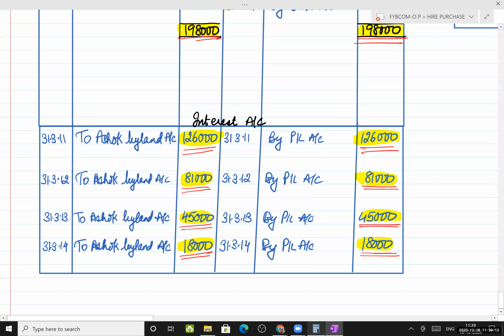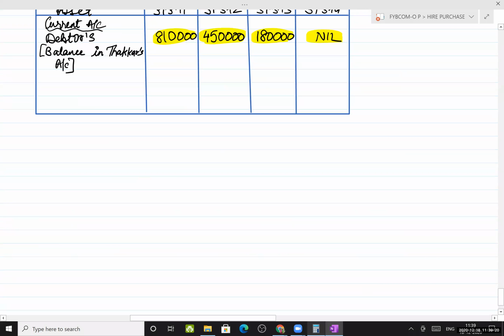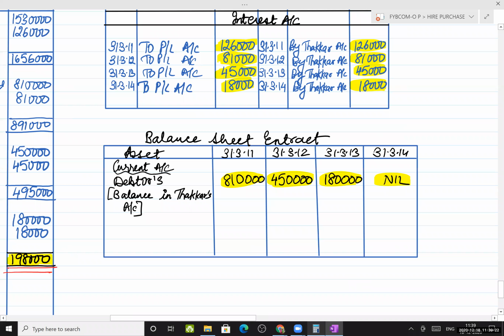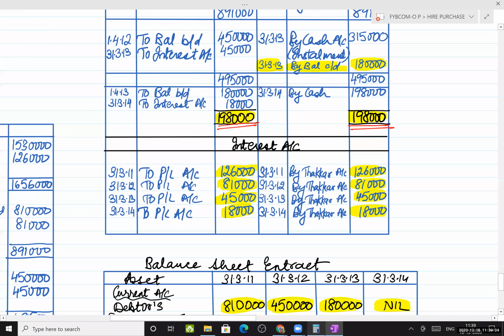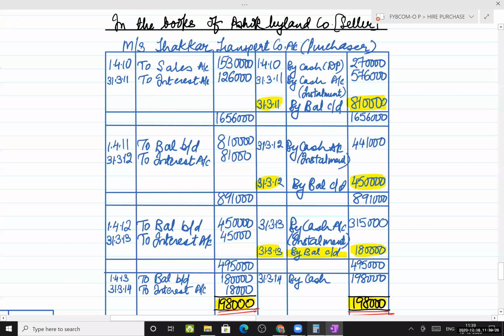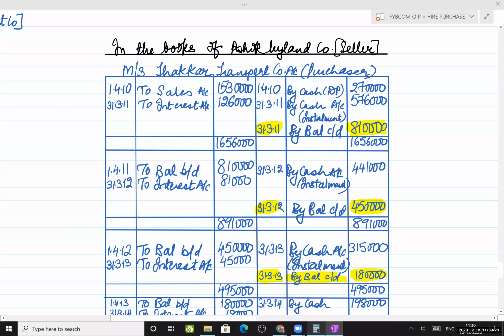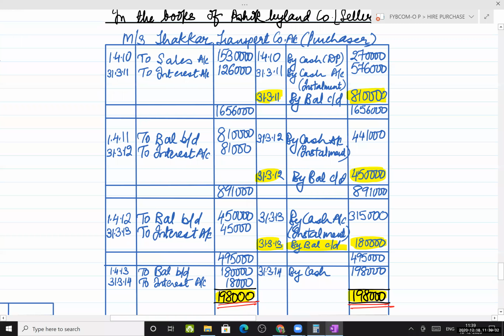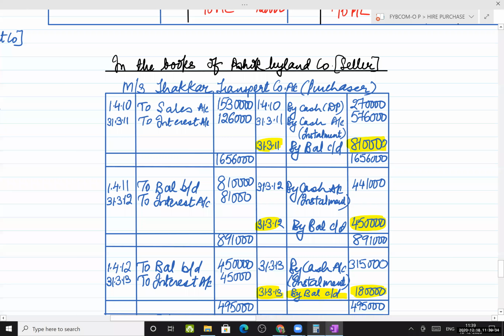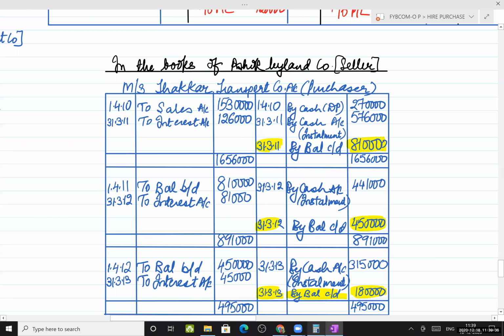Okay, now the same journal entries but from the seller's point of view. In the seller's books only 2 ledgers will be made, and that is the ledger of the buyer, that is the purchaser, and the ledger of the interest account. See, same things, same balance you will get, but on the opposite side.